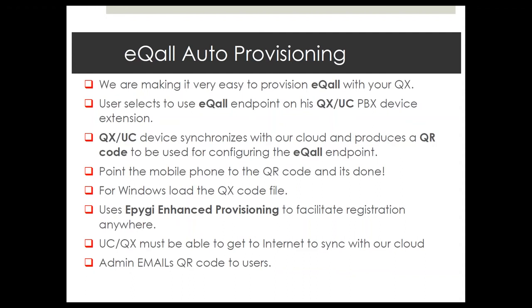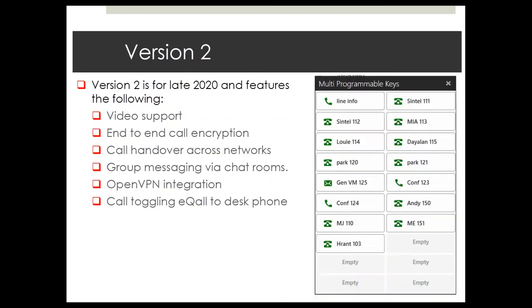Okay. Now, if you have a QX device behind a router, you're going to have to open up some ports. Otherwise, our device is up and the internet cannot get in and register. But in any case, you don't have to adjust anything manually on the eQall application itself. You just have to adjust the ports in the router, and our documentation gives you that information.